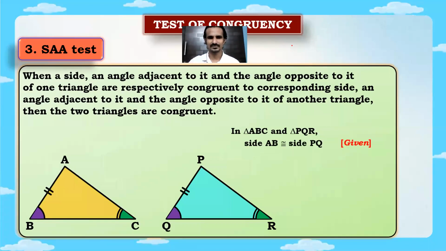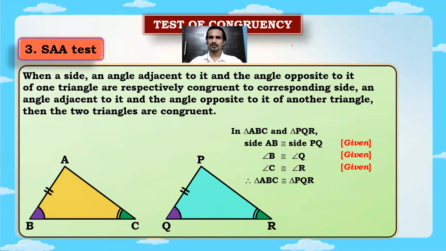Angle B is congruent to angle Q, and angle C is congruent to angle R. Therefore, triangle ABC is congruent to triangle PQR. And the test is SAA. Okay, very good, Shriyan.